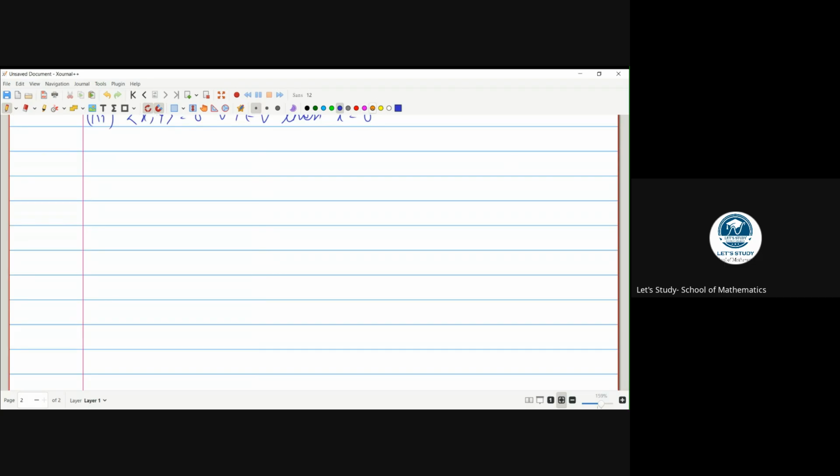It is a very useful inequality, known as the Cauchy-Schwarz inequality. What is it saying?